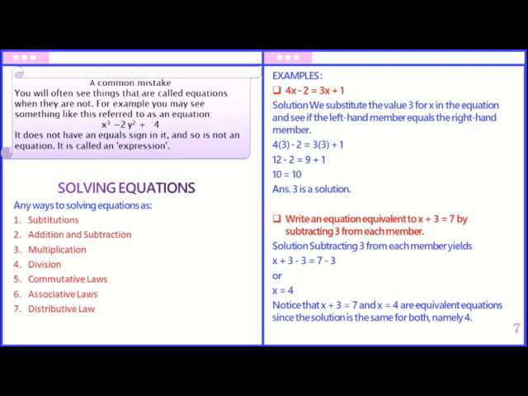The solution: subtracting 3 from each member yields x plus 3 minus 3 equals 7 minus 3, or x is 4. Notice that x plus 3 equal to 7 and x is 4 are equivalent equations, since the solution is the same for both, namely 4.